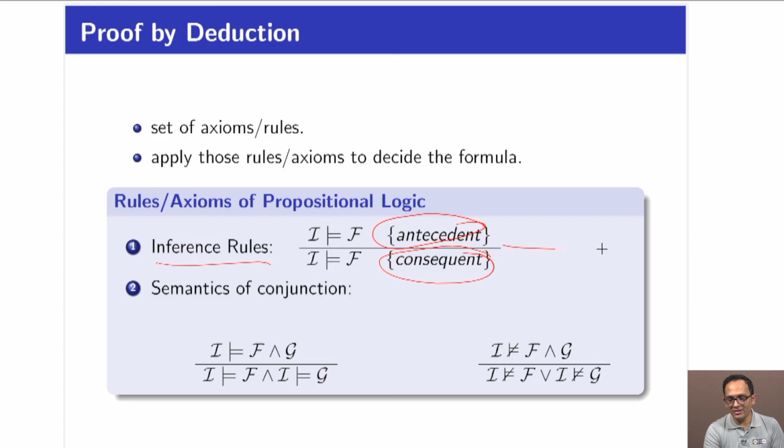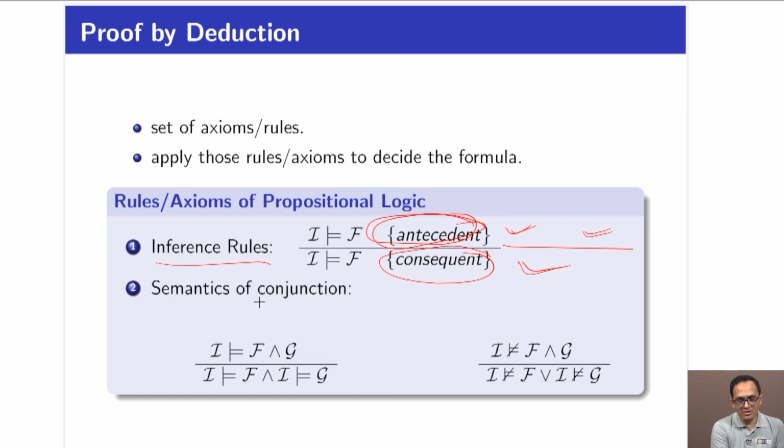We write a line here, and above it what is true. If I assume the antecedent is true, then what can I conclude, what is the consequent? This is how we write the rules, and we have 6 rules here. I'll talk about each of them one by one.